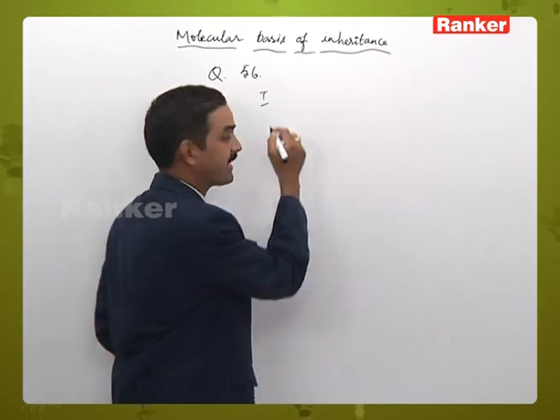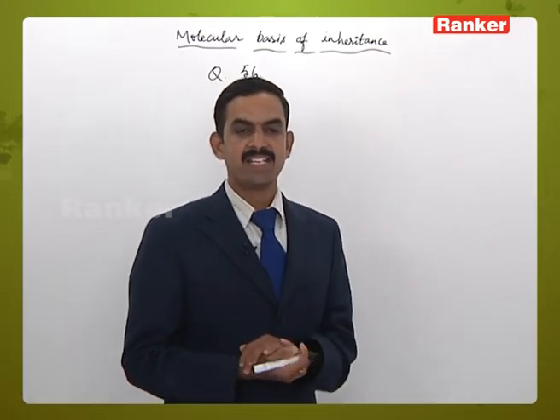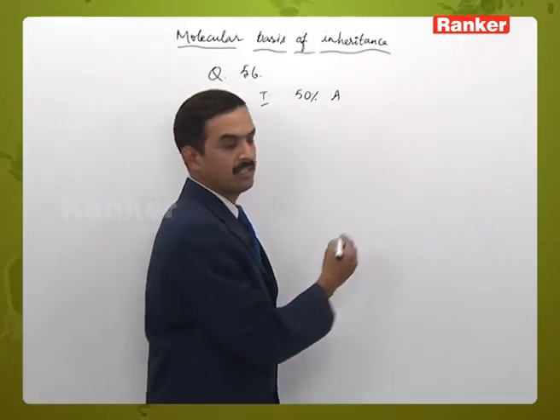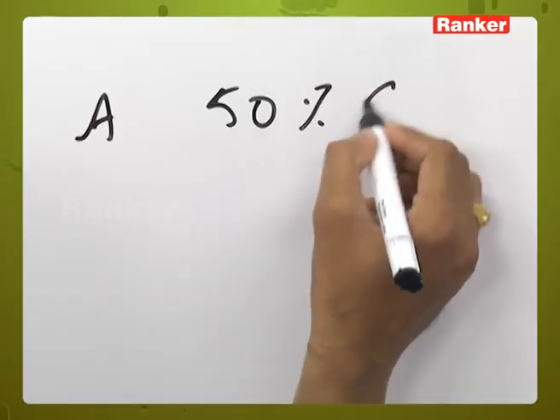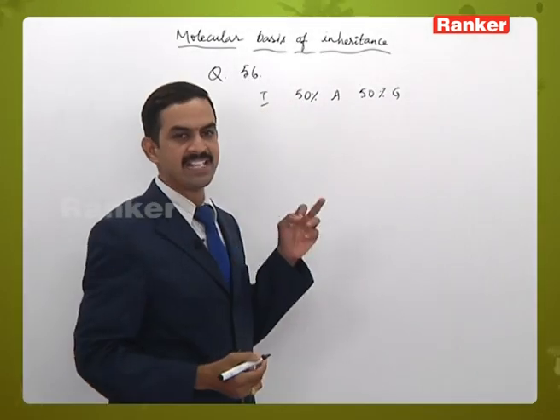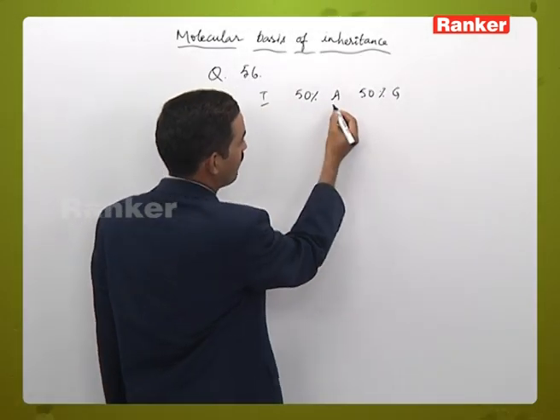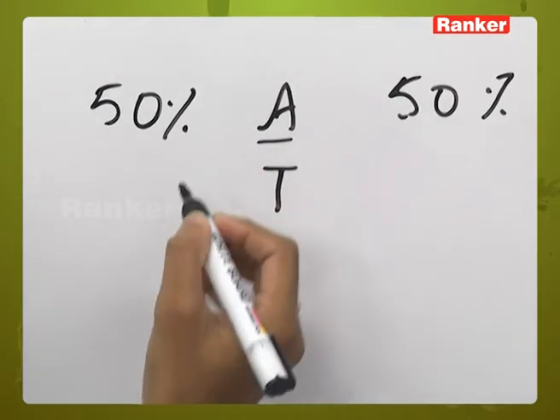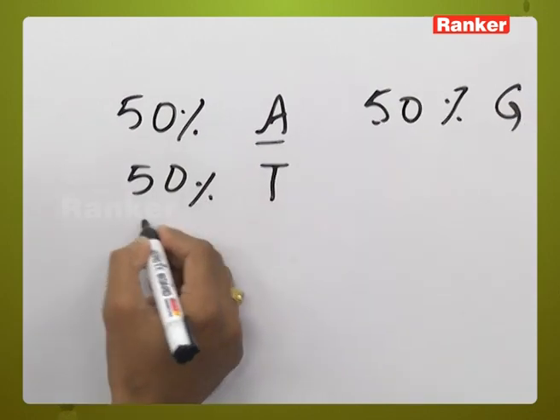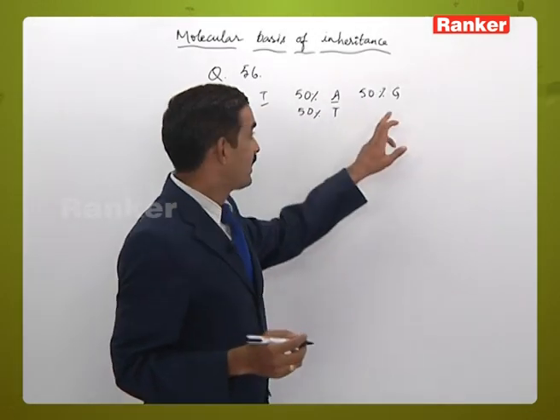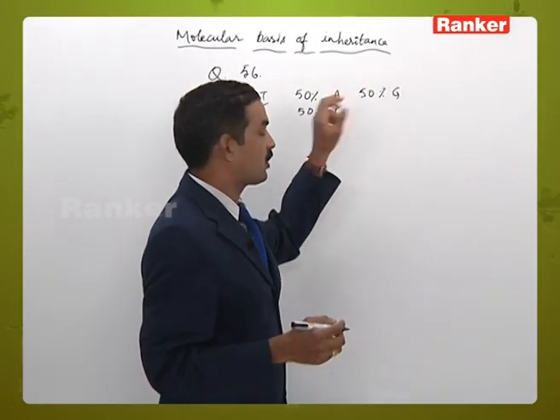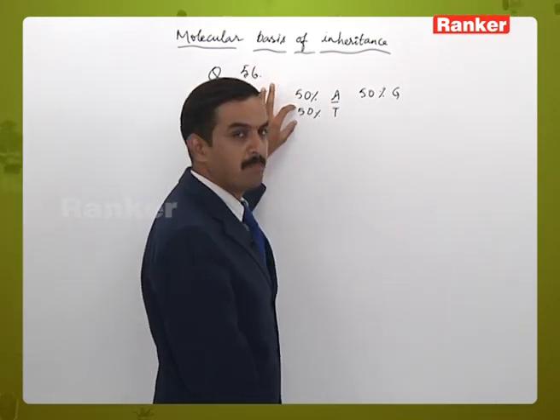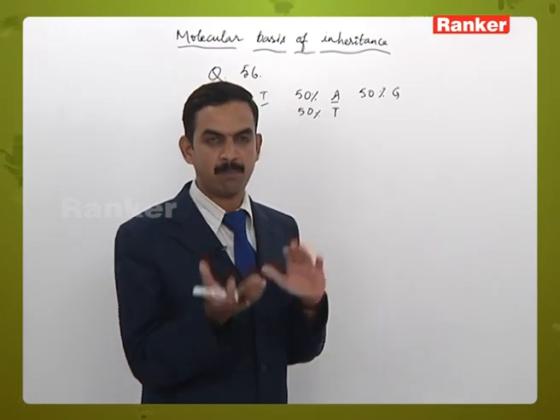Here the statements that have been given are, first one, a DNA may consist of 50% adenine and 50% guanine. So let us see, is this possible in a DNA molecule? We know that if adenine is 50%, the complementary nitrogen base thymine is also 50%.